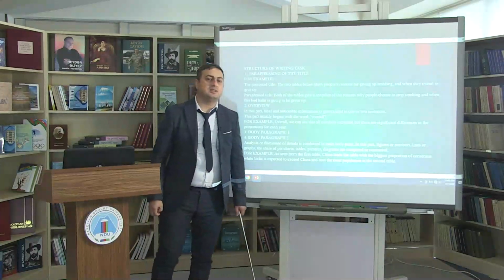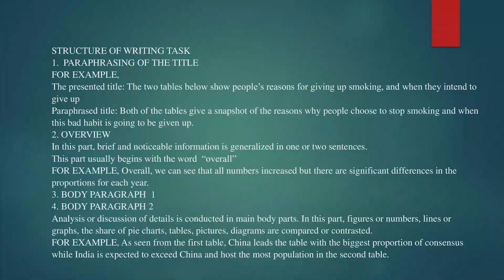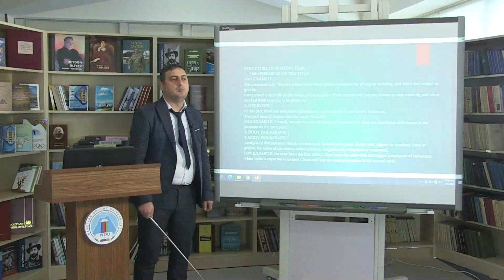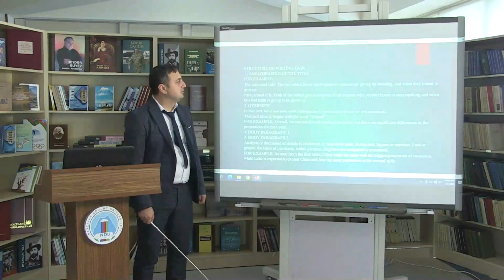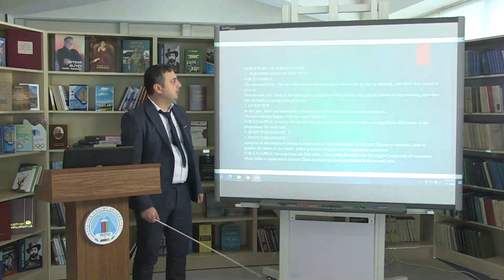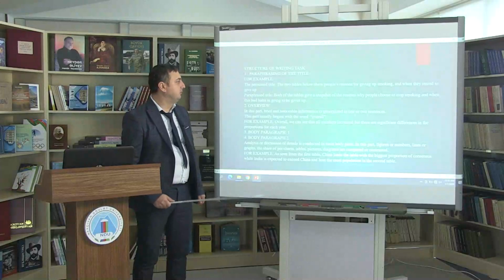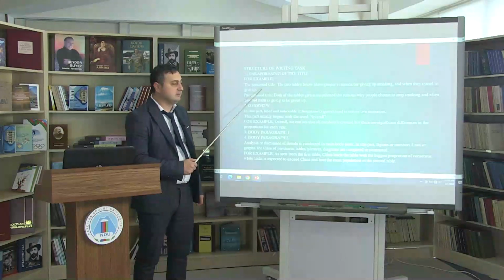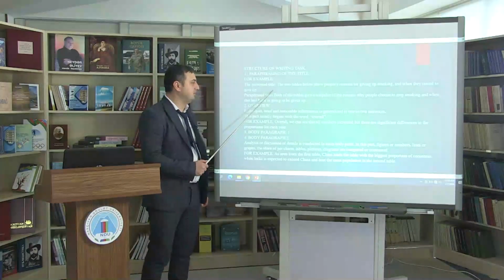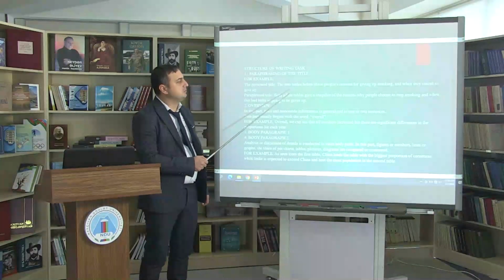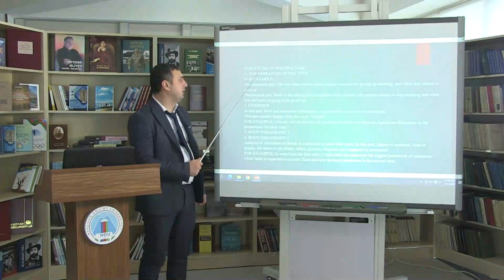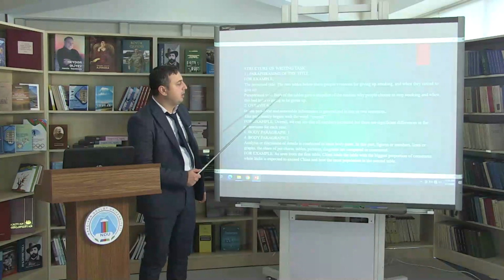So let's pay attention to the structure of writing task 1. First of all, you should paraphrase the given topic, especially the title. For example, the presented title: The two tables below show people's reasons for giving up smoking and when they intend to give up.